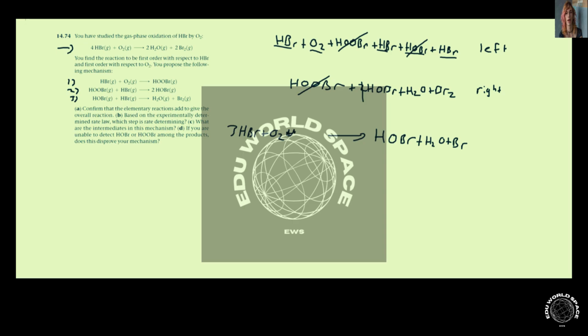Now this doesn't look the same as what we have over here. So how can we get to that step? As you can see, there are 2 H2Os, and the only H2O producing step is this step. So if I multiply this entire step by 2, then let's see what we're going to get.